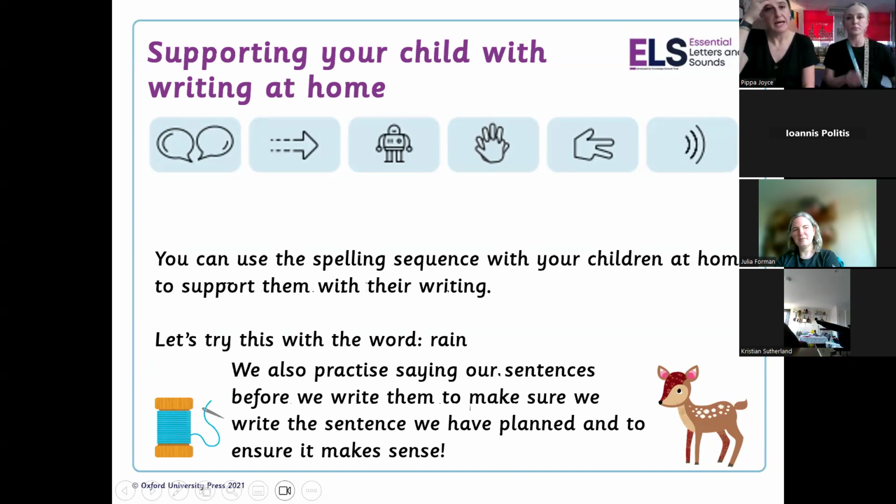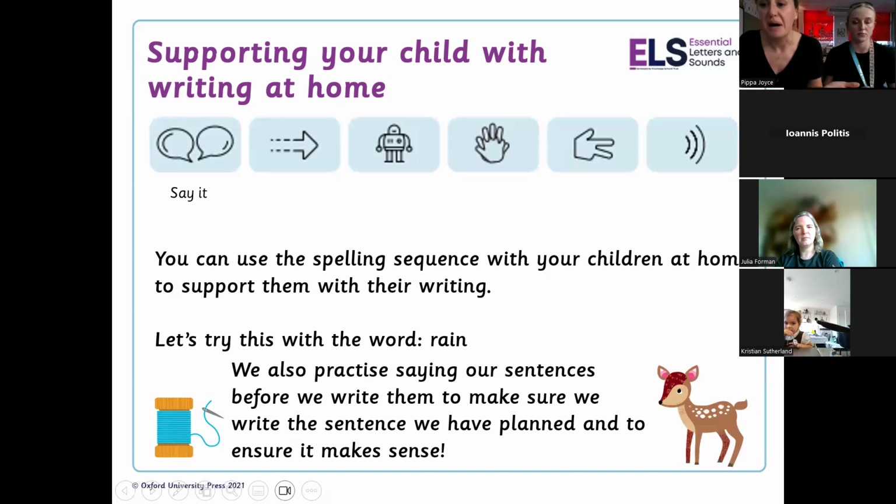Yeah, absolutely. These symbols are the way that we teach children to break down words. We've been talking a lot about decoding. When we have a word, the first thing is to say it. So we might have the word bus.